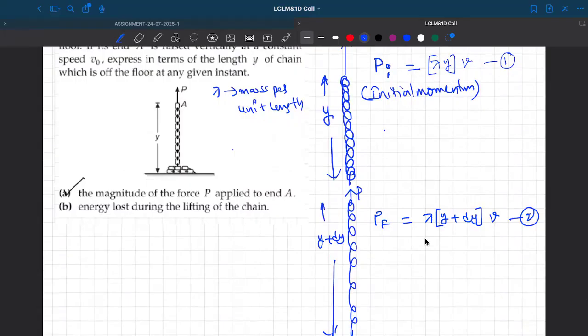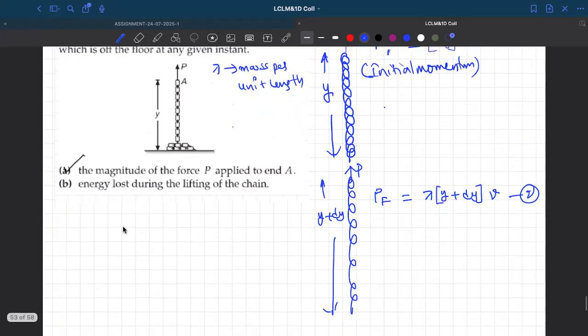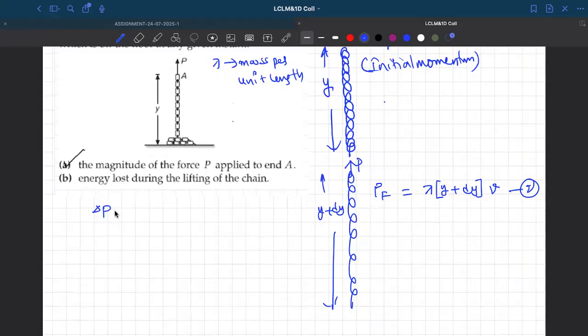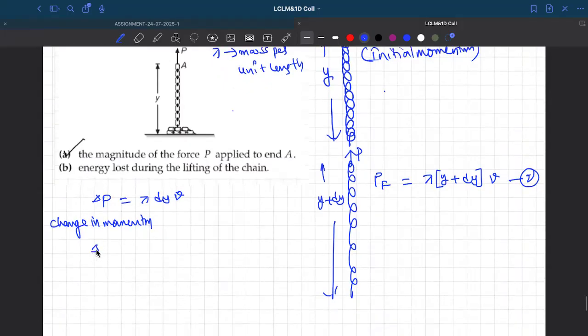There are two situations, and it happens in an interval of dt. So what is the change in momentum? Lambda dy into V. So change in momentum by time is nothing but lambda V dy by dt.